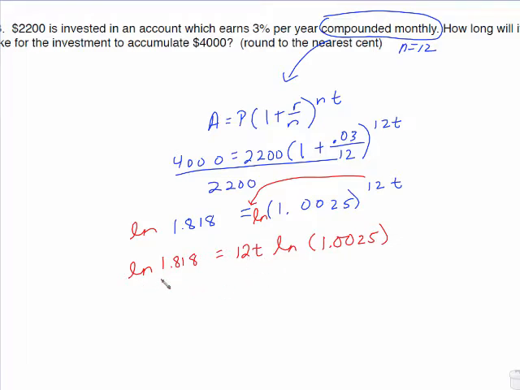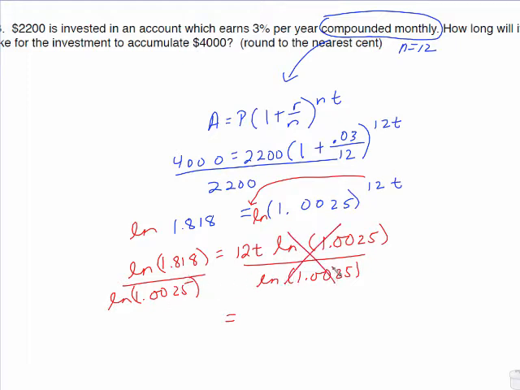At this point, I will divide both sides by the natural log of 1.0025, natural log of 1.0025. Remember, you need parentheses around these. And then, I could do this arithmetic on the calculator, but instead, of course, this is just canceled out, I will divide right now both sides by 12.